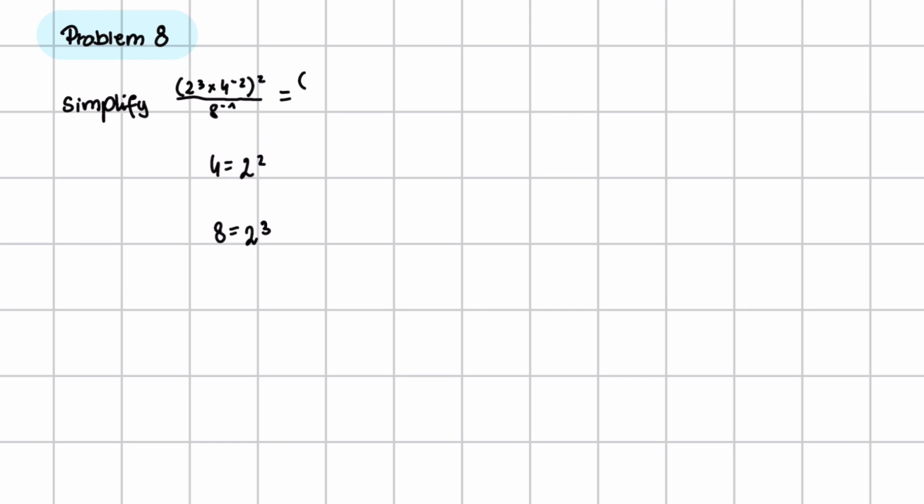So firstly, 2 to the power of 3 times 2 to the power of 2, because it's 4, and then to the power of minus 2, because this is this power, and also to the power of 2, this 2. And in the denominator we have 2 to the power of 3 and to the power of minus 1. And now we can simplify it again.